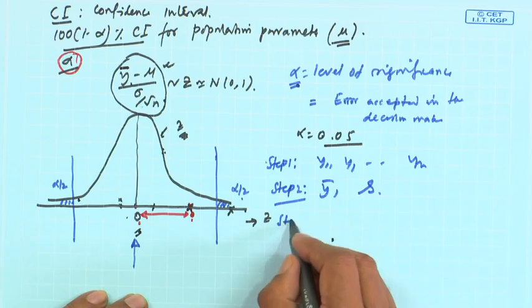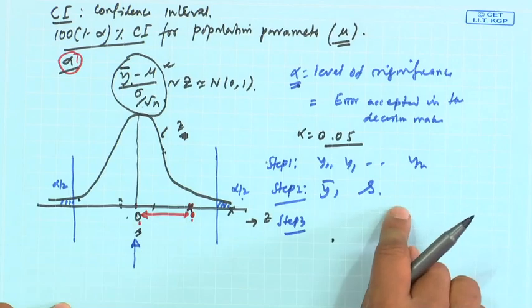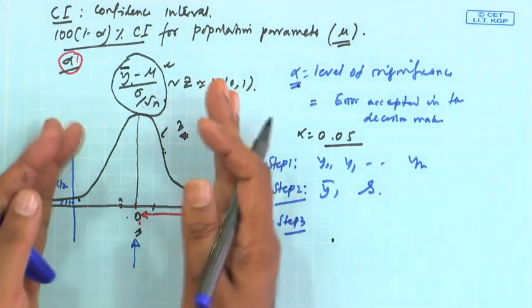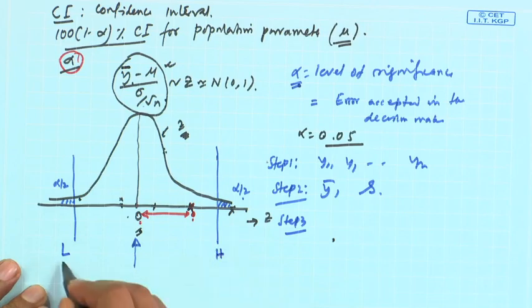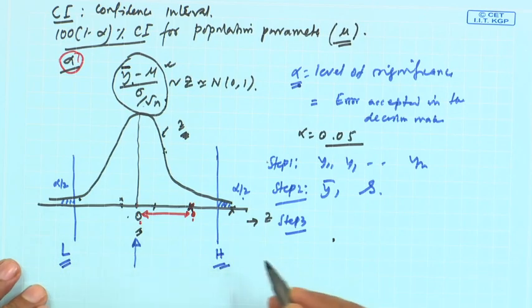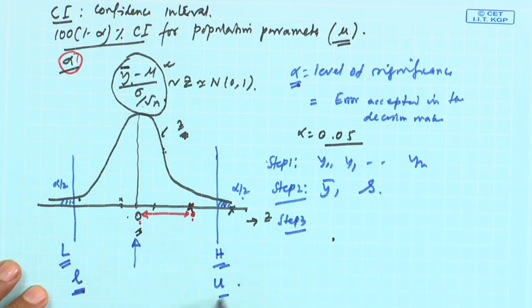Now, step 3: we say that if the computed value falls within this range, suppose this is the lower and this is the higher one, or we can say this is L and this is U, lower limit and upper limit. And then what does it mean?